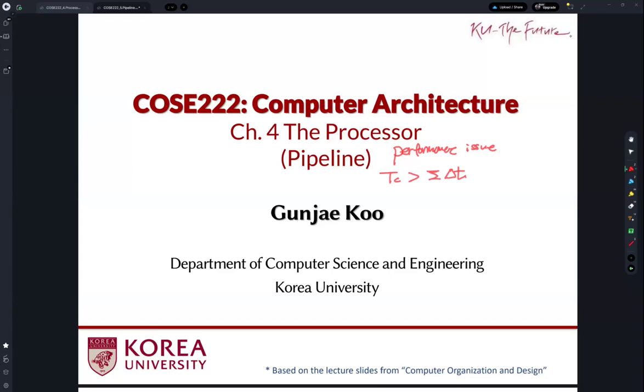These datapath elements have delays, obviously, because these are hardware circuits.